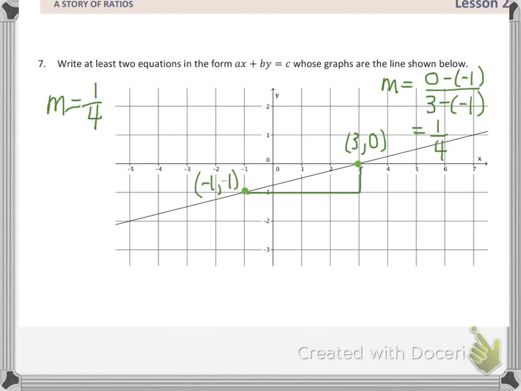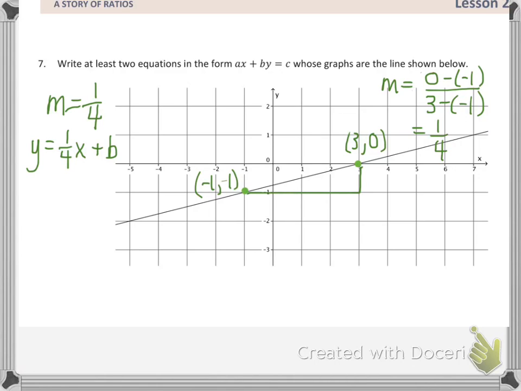Okay, so now I need to still find the equation of the line. And I like using the slope-intercept form to do that. So I know now I have y equals 1/4 x plus whatever my y-intercept is, which I know is between 0 and -1, but I can't tell exactly what it is.